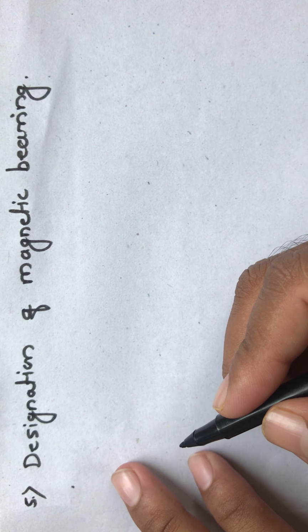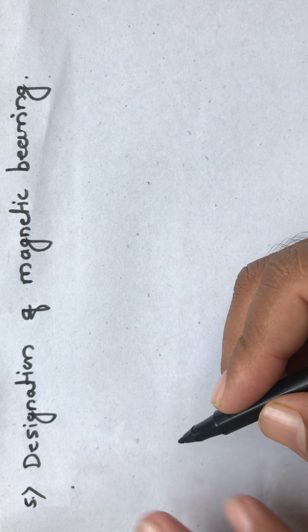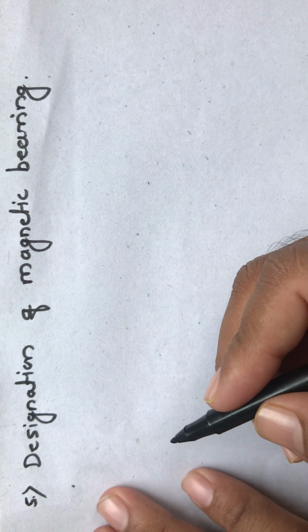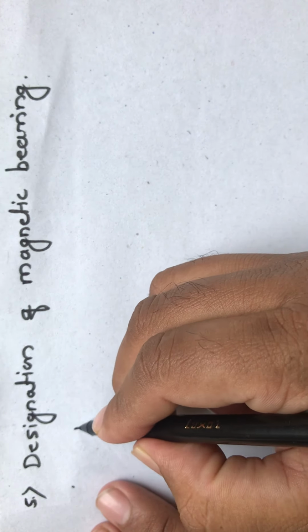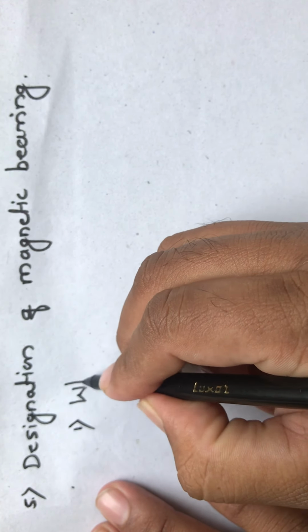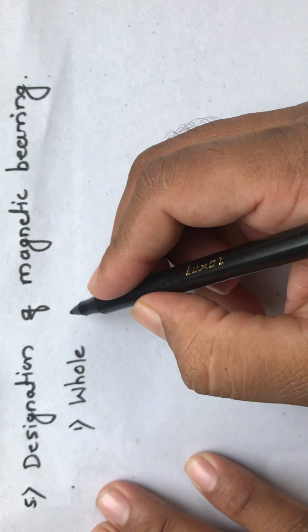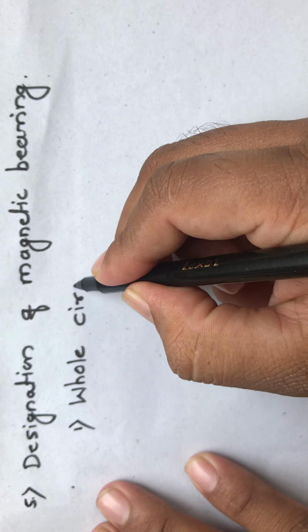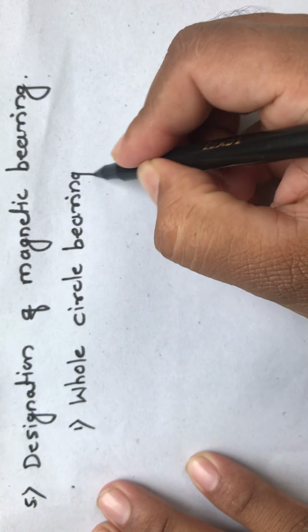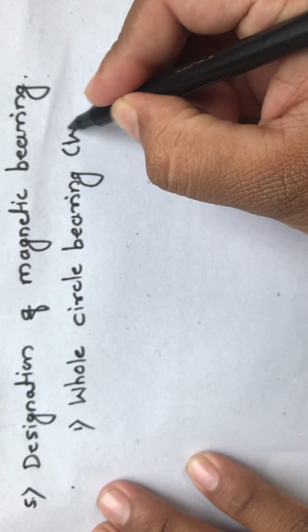Generally we have two designations. The first one is called the whole circle bearing, WCB.